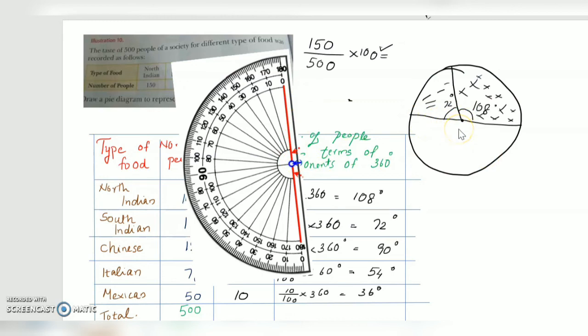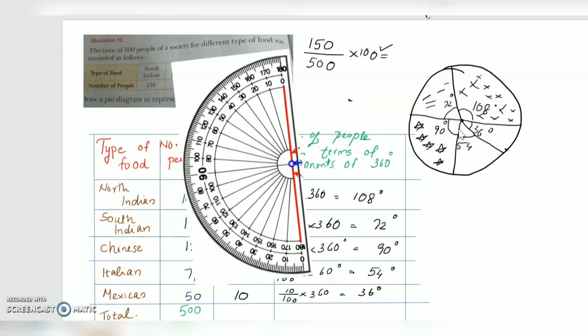Then you will get the baseline. Here the baseline is a straight line. This is baseline 90. Next is 54. You have to take the correct measurement. This is 54, then 36, and you have to give different designs in all the pieces.